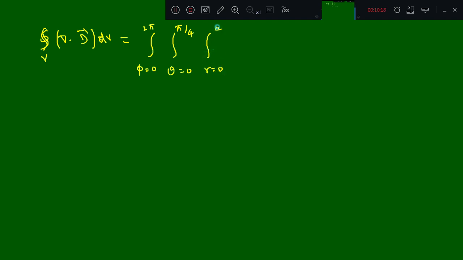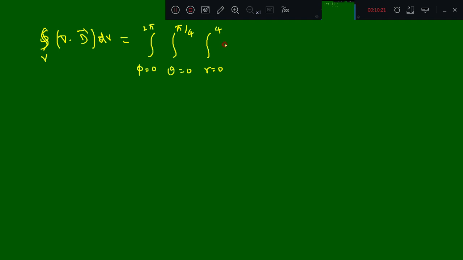So next we need to evaluate the volume integral, that is del dot D into dV. So this you have to evaluate. We have the integration with phi ranging between 0 to 2 pi, theta ranging between 0 to pi by 4, and r ranging between 0 to 4.